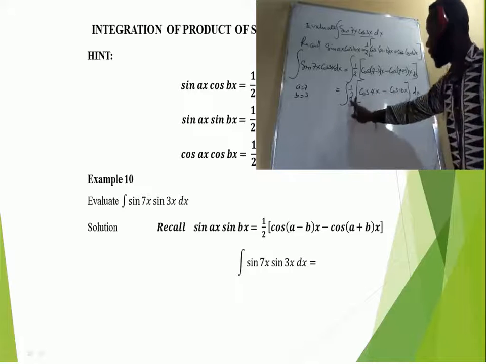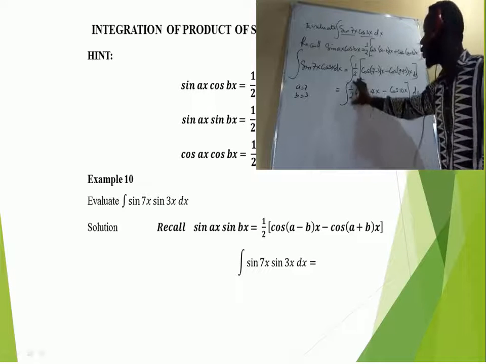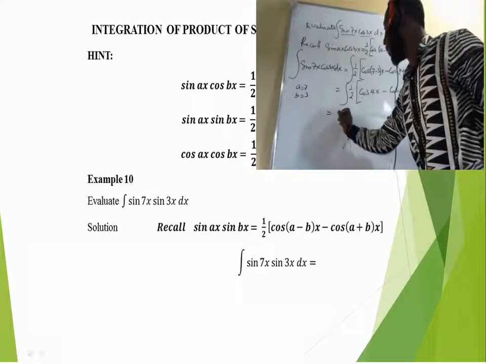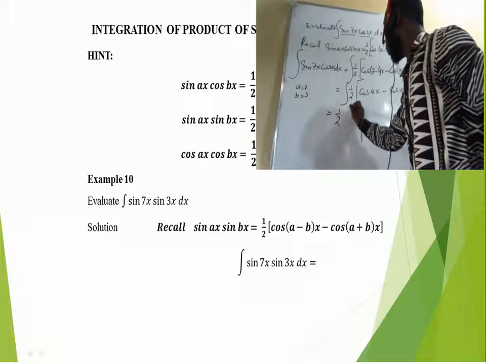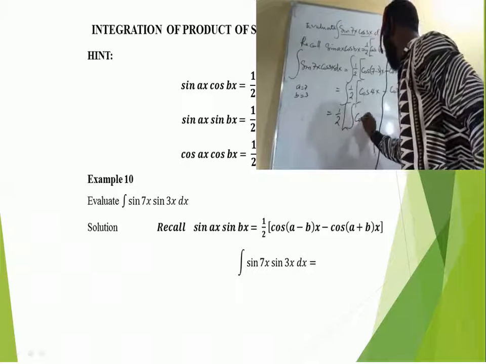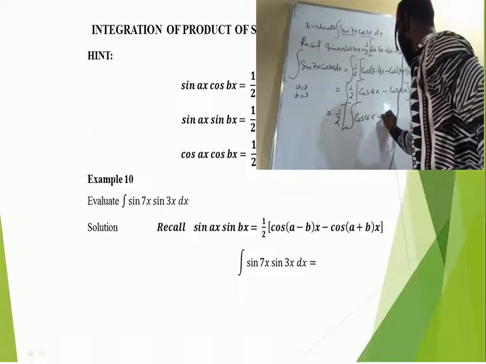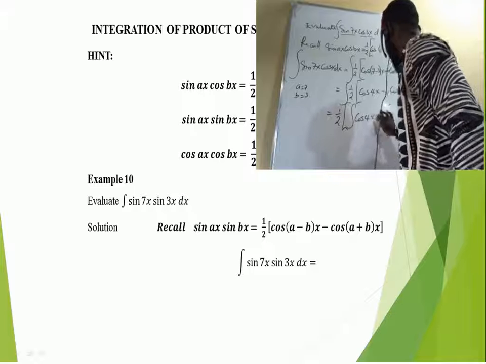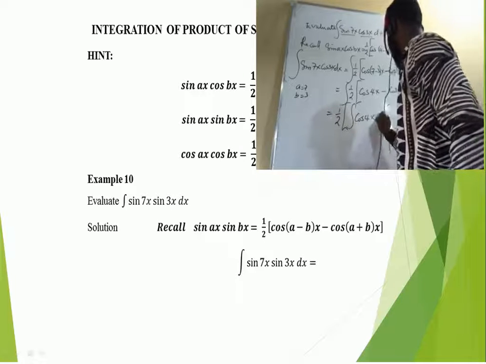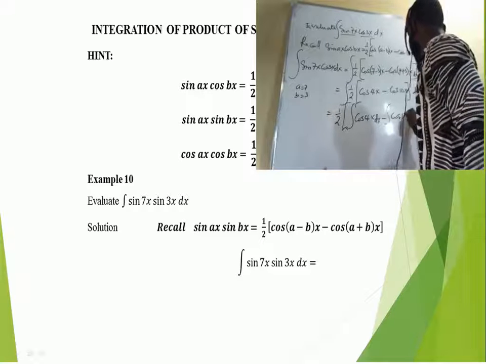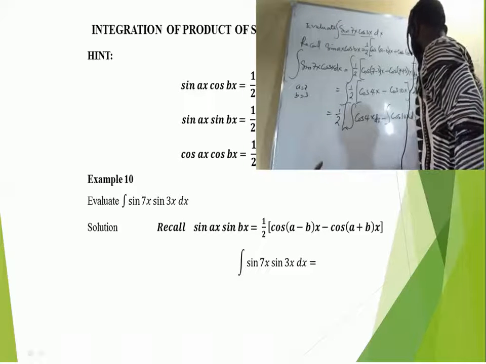Then this half, remember I told you when we are dealing with integration, the figure must be outside. So you bring it out like this, 1 over 2, and you integrate cos 4x dx minus cos 10x dx.